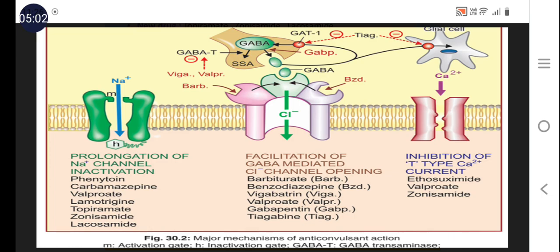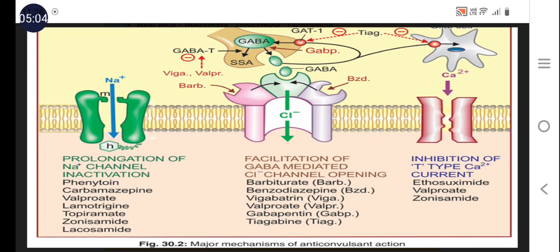As you can see in the diagram, there are two green color structures, or you can say ligand gated channels, through which sodium is entering. Drugs that prolong sodium channel inactivation prolong the duration for which the sodium channel is in the inactivated state, and because of that sodium cannot enter through that channel.